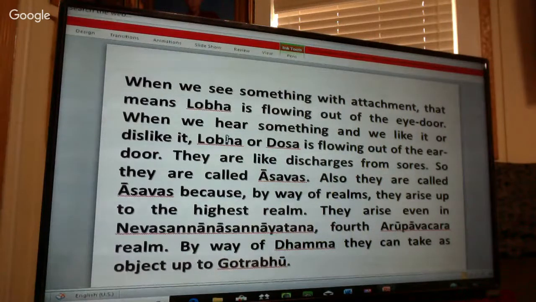They arise even in the fourth arupavacara realm, which is Nevasaññānāsaññāyatana.